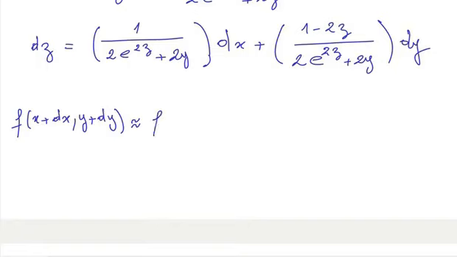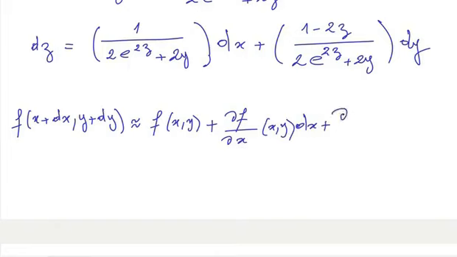The rest is approximated by f of x, y plus the differential applied at the point, that is, the derivative of f with respect to x at the point x, y times dx plus the derivative of f with respect to y at the point x, y times dy.